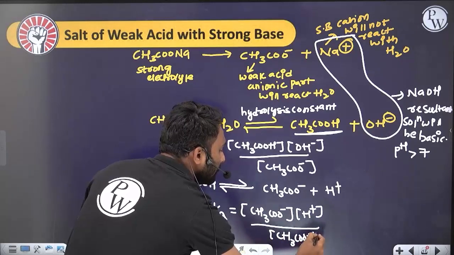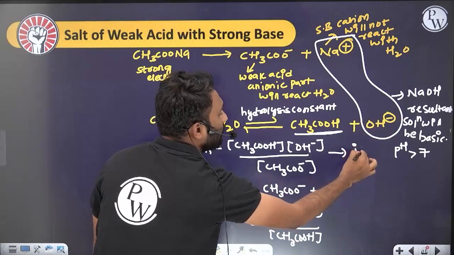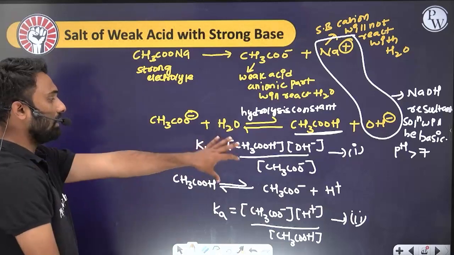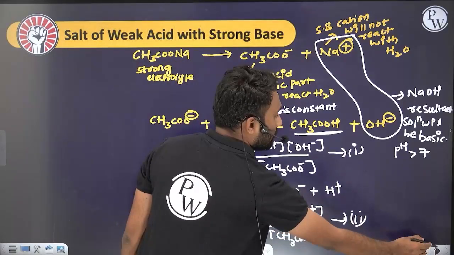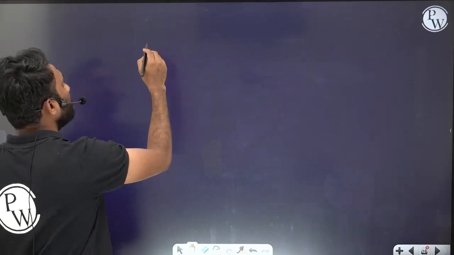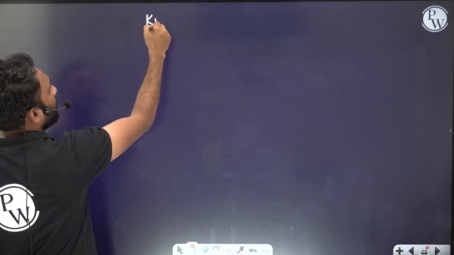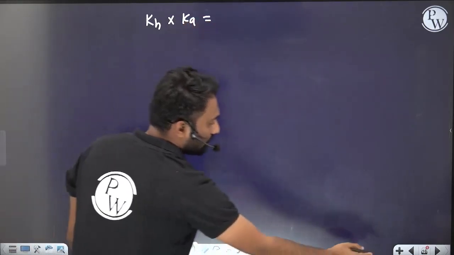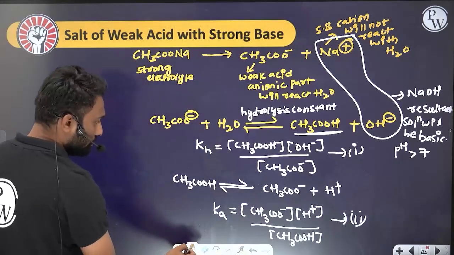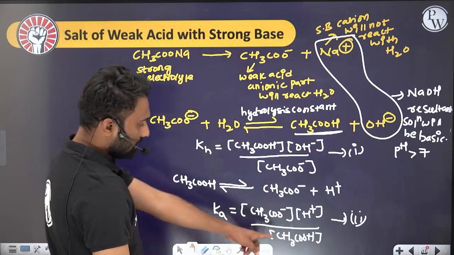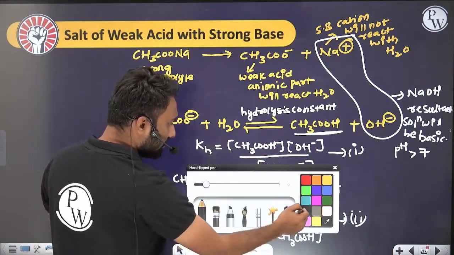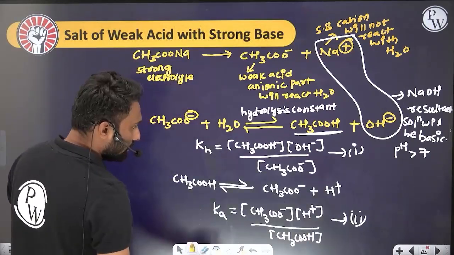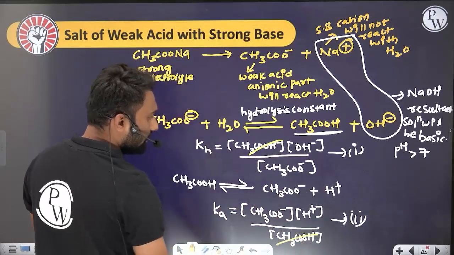Now, this is equation 1. Now, this is equation 2. If you multiply 1 and 2, KH into Ka is equal to, see here, KH into Ka. Now, here acetic acid will cancel out.